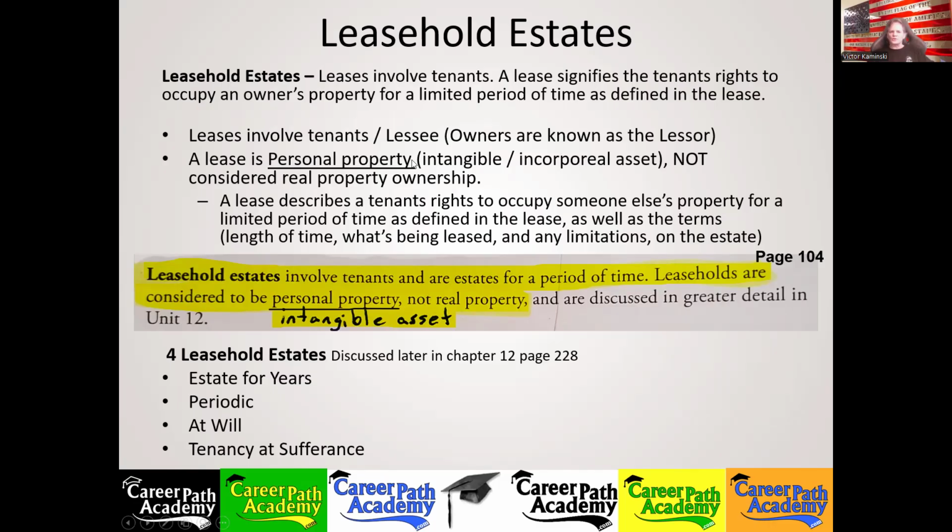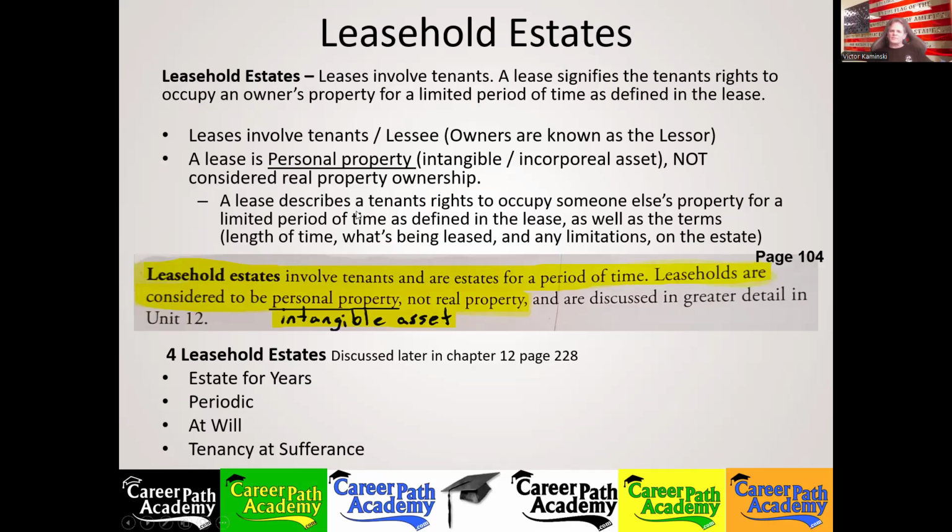A lease is personal property, which is an intangible or incorporeal asset. It's not considered real property ownership. So therefore, a lease is considered personal property, not real property.